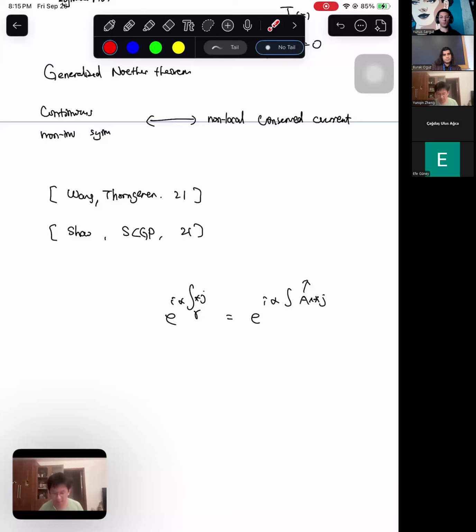So from this perspective, yes, because we can still write down an expression for this gauge field, which just indicates the location of this defect.